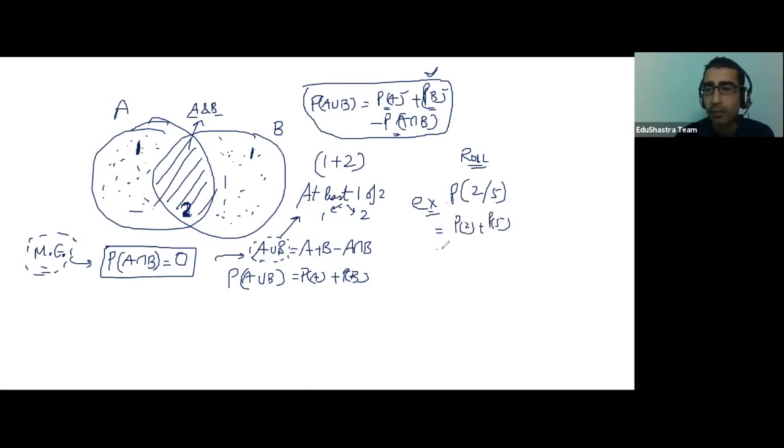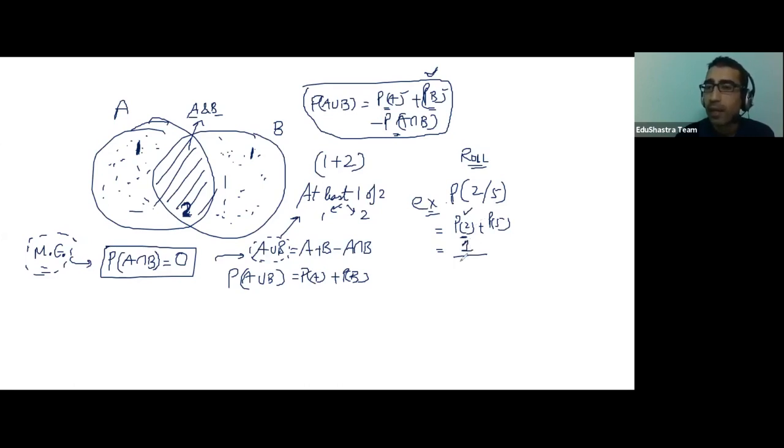Very basic example. Probability of getting a 2 is, using the basic definition of probability, favorable outcomes upon total outcomes. So favorable outcome would be getting a 2, which is actually just one favorable event.